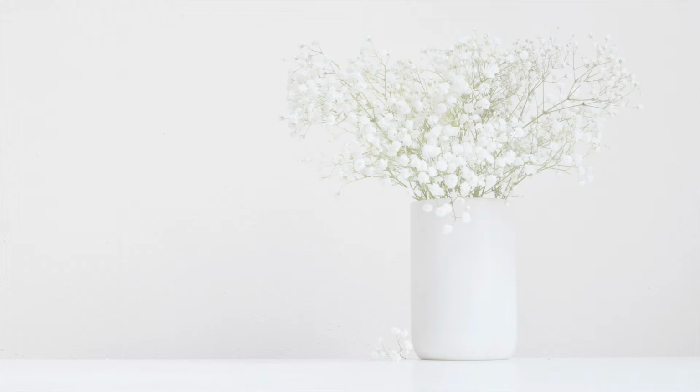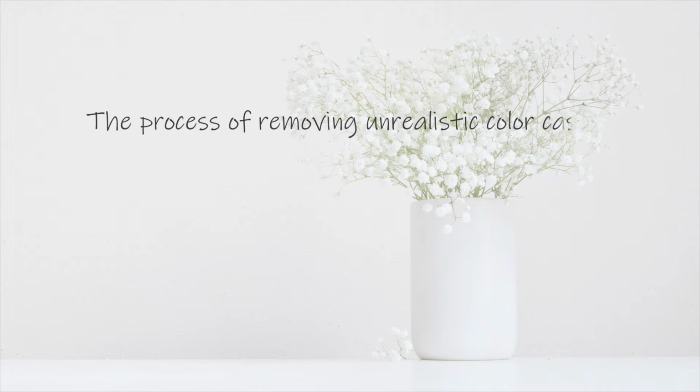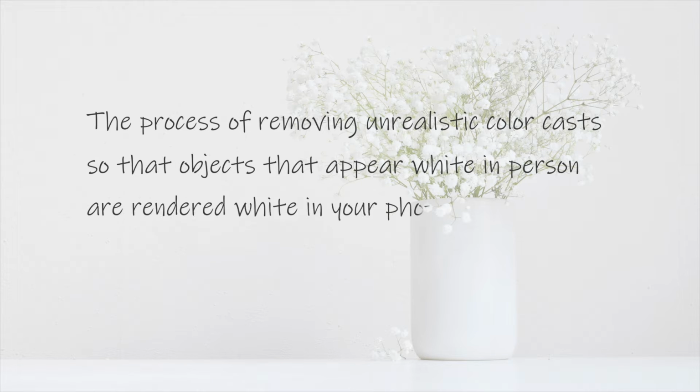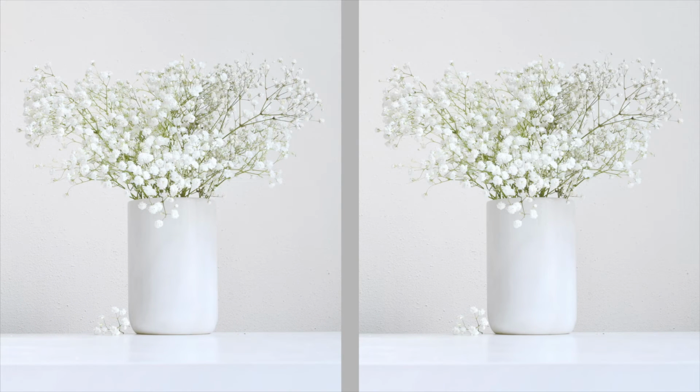Another option is to adjust the white balance. The website Cambridge in Color has a great definition for this. They define it as, quote, the process of removing unrealistic color casts so that objects which appear white in person are rendered white in your photos. So the whites in your picture should not lean either warm or cool. They should be neutral.